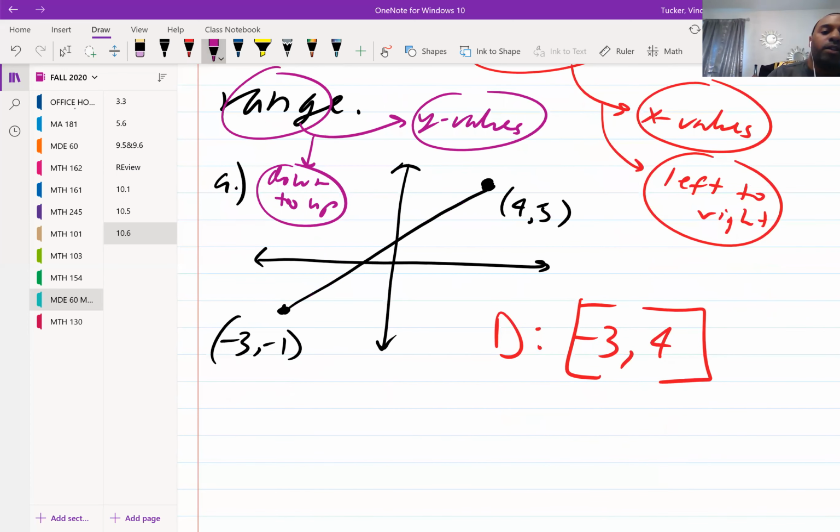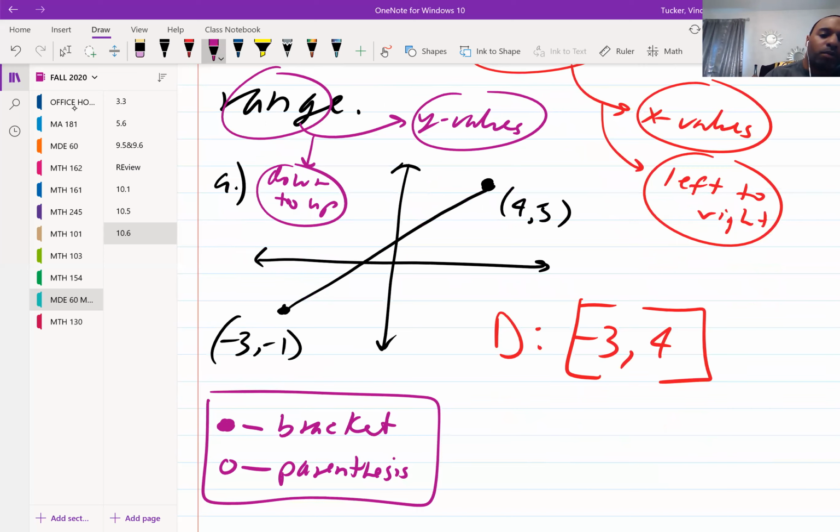So I can write that note, bracket. I'm talking about right here, both of your points were closed circles. So both of your endpoints.